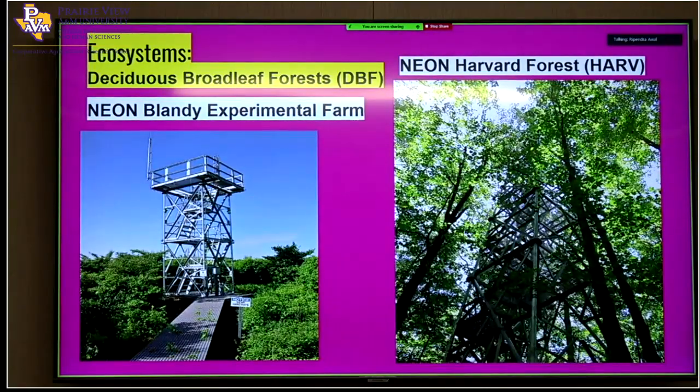So the next ecosystem is going to be, I might be pronouncing this wrong, so forgive me, deciduous broadleaf. I'm just going to say broadleaf forest. So broadleaf forest, one location is in Boston, Massachusetts. Easy one is evergreen. Evergreen, that's the best way to put it.